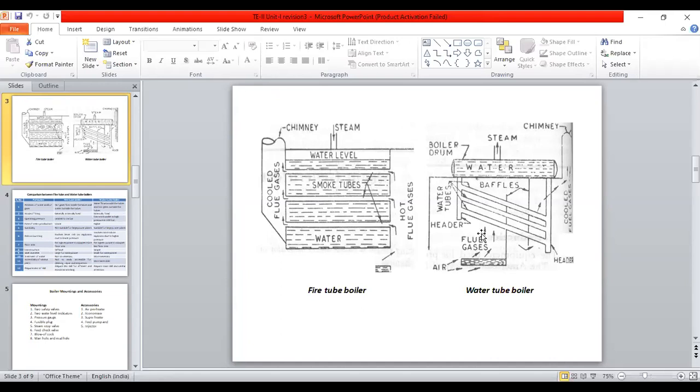And in case of the water tube boiler, the tubes contain water and the hot gases produced by combustion of fuel flow outside the tubes. A bank of water tubes is connected with a steam water drum through two sets of headers.